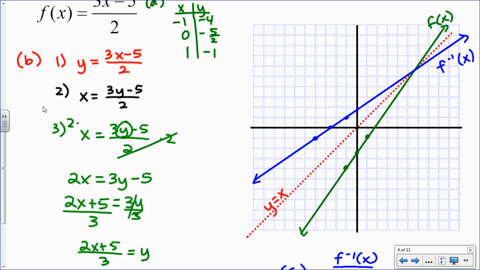So, f of x was linear, and its inverse was also linear. Well, that's not going to be the case for all types of functions. So if you think about what it means to do an inverse, if you're quadratic, you have x squared. What is the inverse operation of x squared? Yeah, square root.